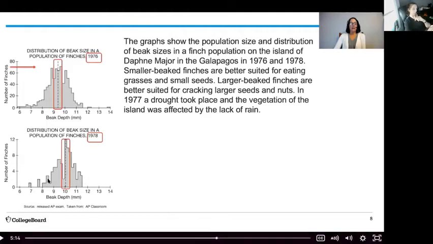So it's easy to remember, but we have not watched that. So you are going to be using these two graphs to tell a story, basically. So what happened from 1976 to 1978, according to the graph?